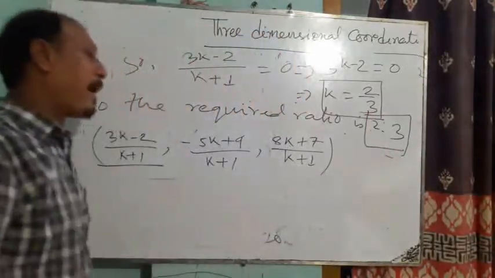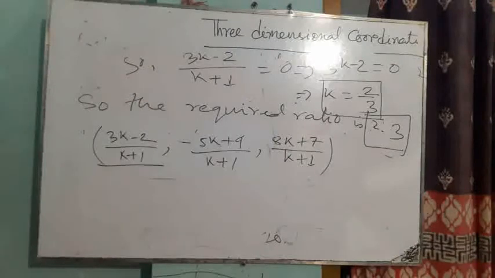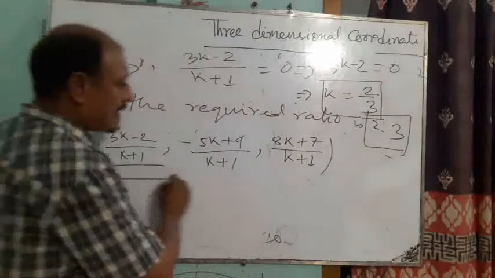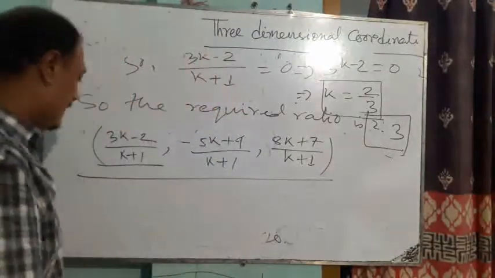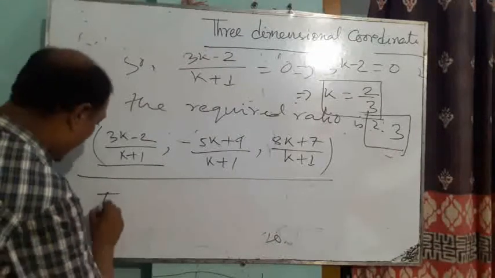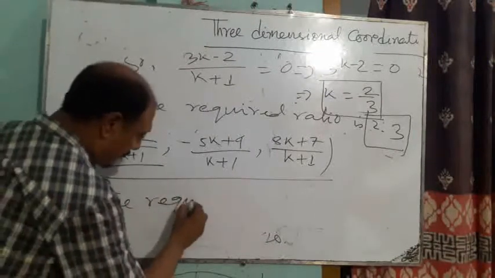Now we find the intersecting point of the line and the YZ plane.